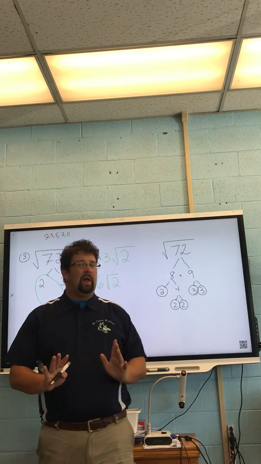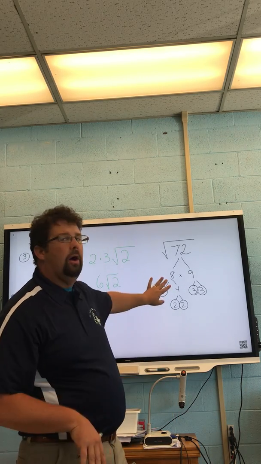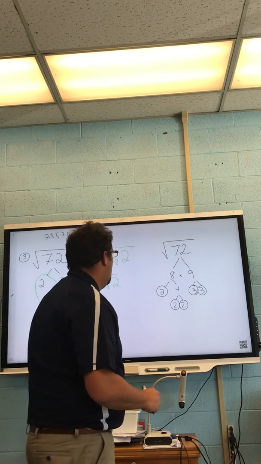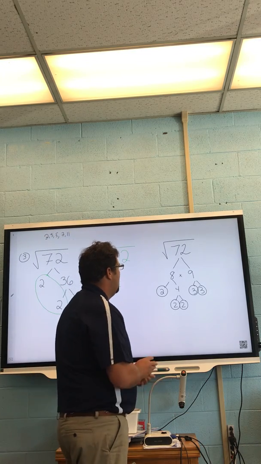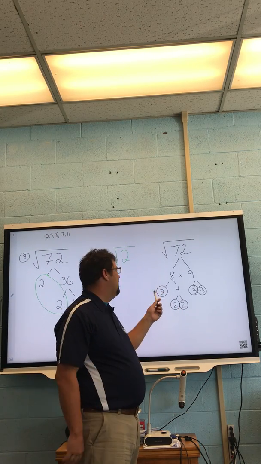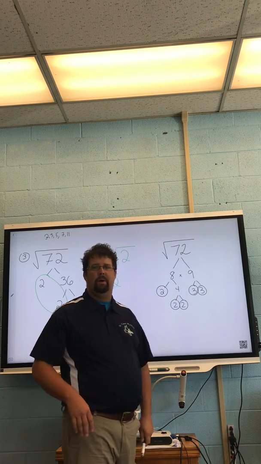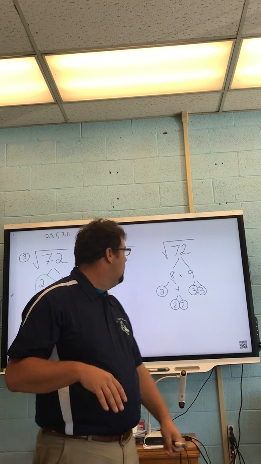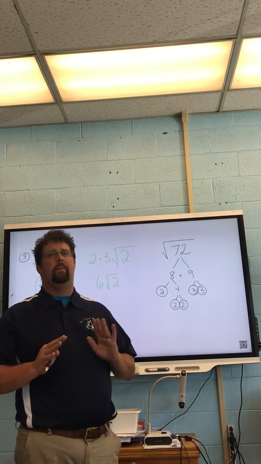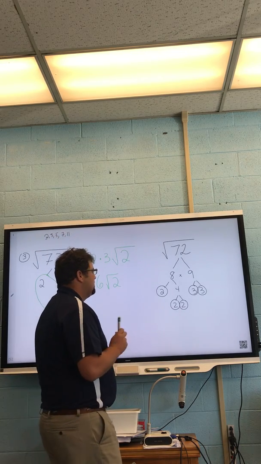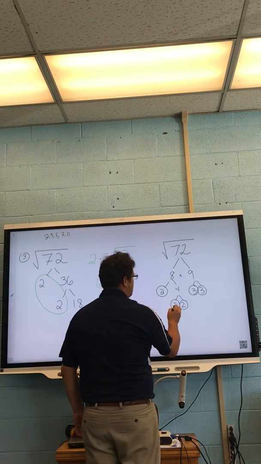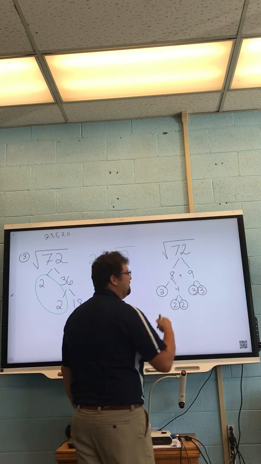Now, the only thing I don't like about this way is sometimes the numbers get kind of lost within what you're doing. And then sometimes you make mistakes. Somebody today said 4 and 4 was 8, but really that's 16. So don't make those mistakes. You have to know how to multiply. To check it, you would know that 2 times 2 times 2 times 3 times 3 is in fact 72.